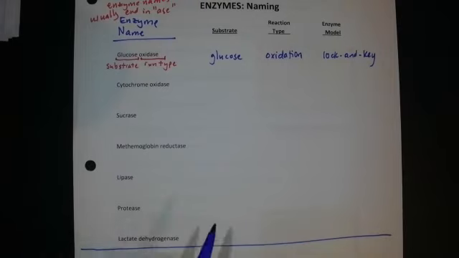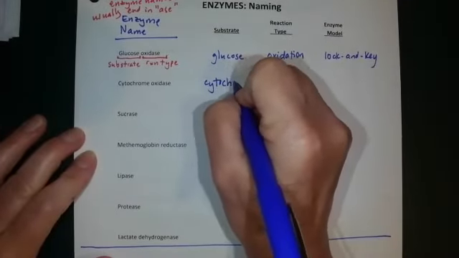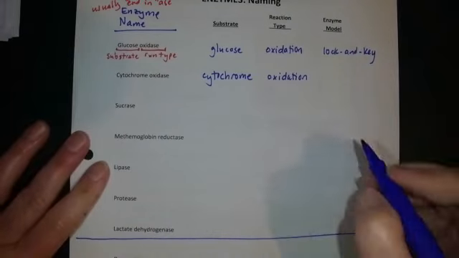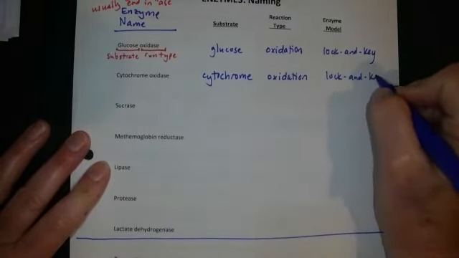Let's take a look at the next one. What is the substrate? It would be the first word, cytochrome. You don't know that word necessarily from this class anyway, but you still can interpret this enzyme name based on the pattern we've just identified. The reaction type, oxidase, so it's still oxidation. Cytochrome refers to something very specific, and if it's specific, then that is a lock and key function that's being followed.